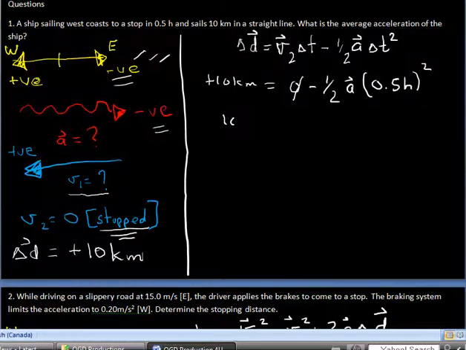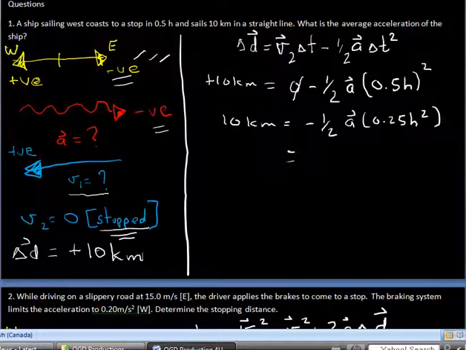So I have 10 kilometers equals negative 1/2 acceleration times 0.25 hours squared. This is just now grade 9 mathematics, solving the equation. If I multiply through by -2, I'll get 20 kilometers here. That half disappears.